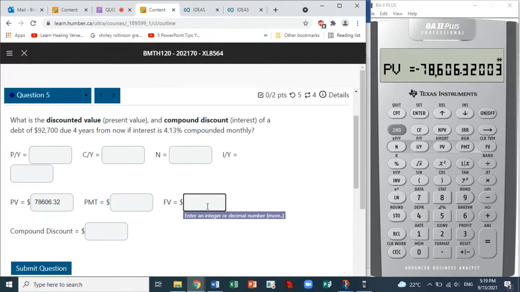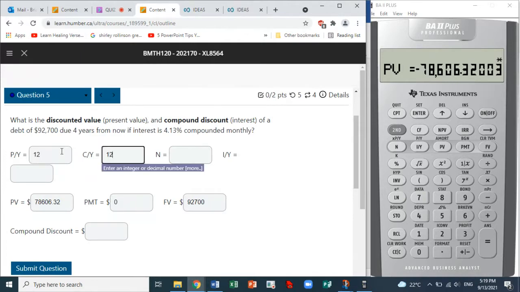Okay, so let's do what we need to do. We have to do some more though. That is not all. There is more that is required. We will get there shortly. This was 48. IY is 4.13. So we have to get the compound discount.